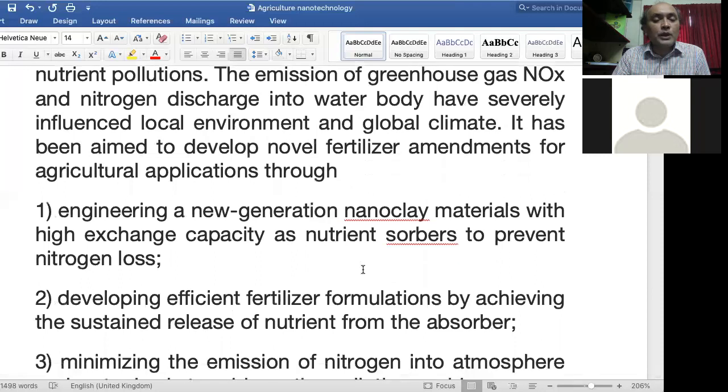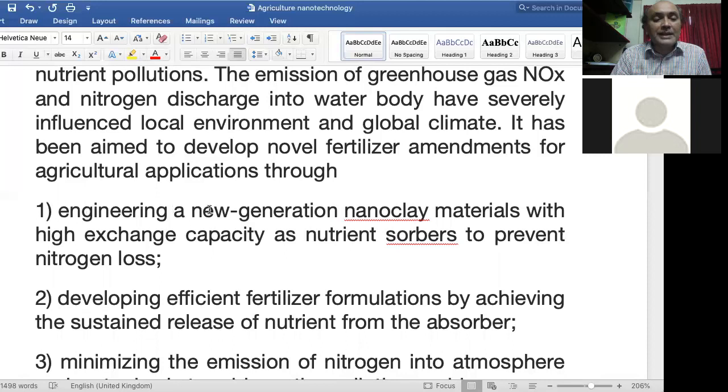How can we do it? Engineering a new generation of nano clay materials. This is very interesting. Clay particles in the soil are the smallest size particles, and they hold the essential nutrient elements.